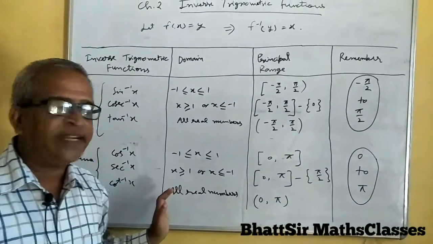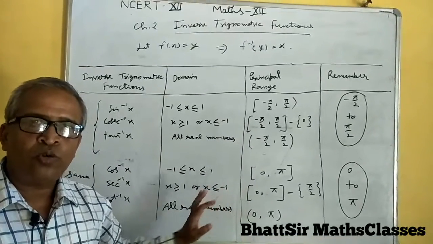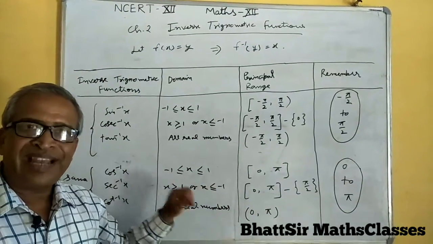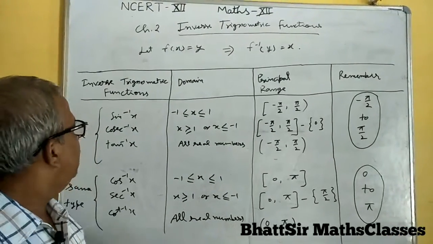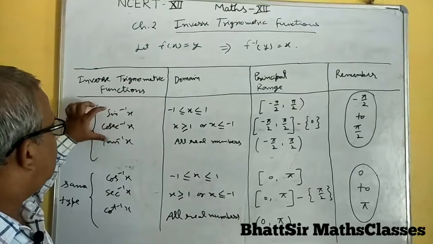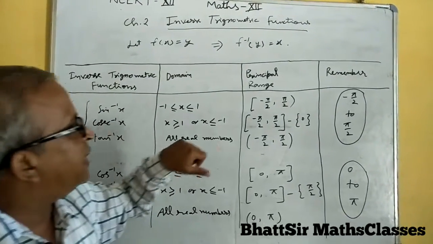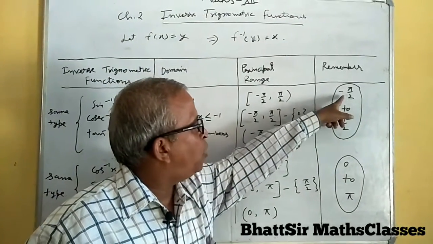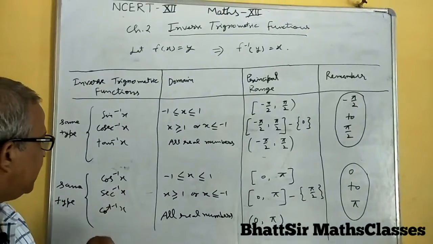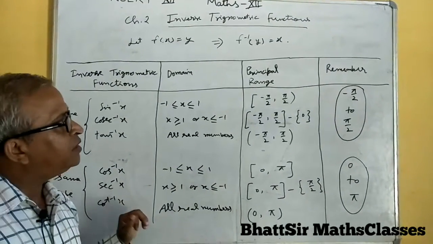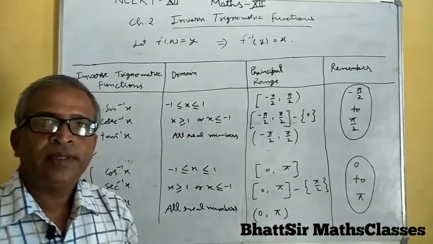So we can demonstrate this diagrammatically also. We shall explain with the help of a diagram. In a simple way, we can say that for sin inverse x, cosec inverse x, and tan inverse x, the principal range varies from minus pi by 2 to pi by 2, and for cos inverse x, sec inverse x, and cot inverse x, the principal range varies from 0 to pi.